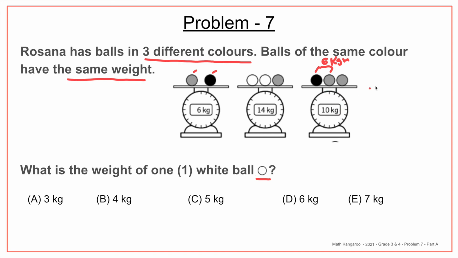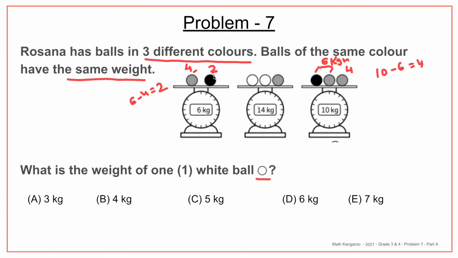But the total is 10 kg. So 10 minus 6 gives us 4. So the remaining weight would be 4 kg for this ball. So a gray ball is 4 kg. The total is 6 kg. The weight of the black ball would be 6 minus 4 gives us 2.